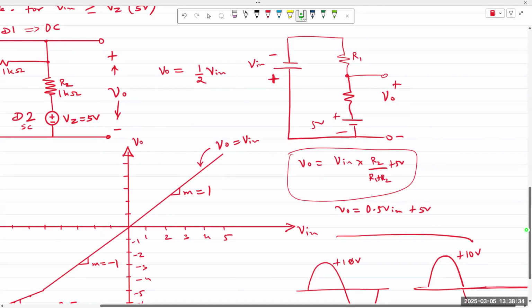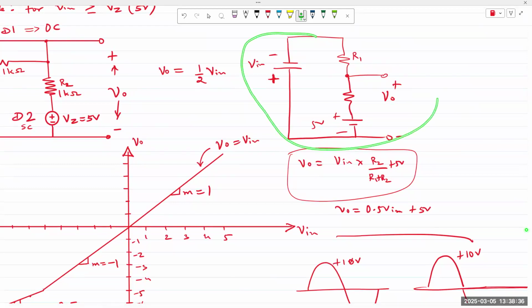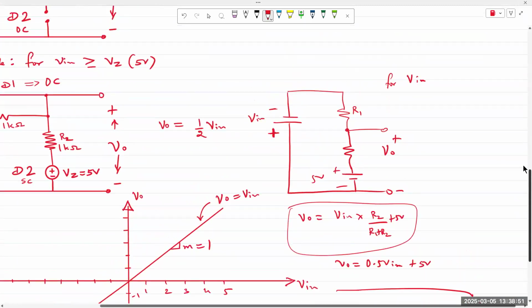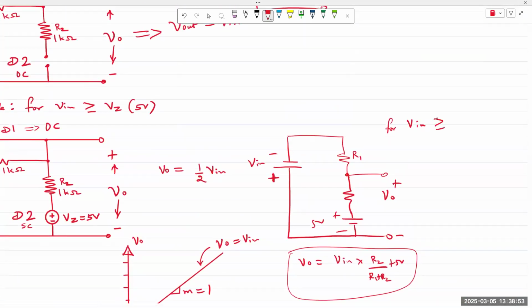So the circuit would be something like this, right? This is the case for V in in the negative half cycle and greater than or equal to 5 volts.